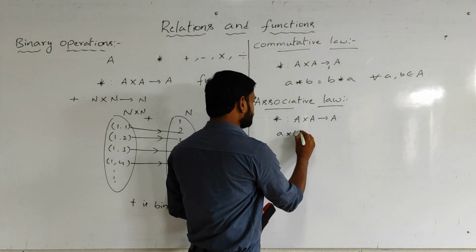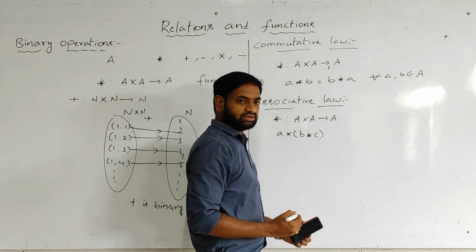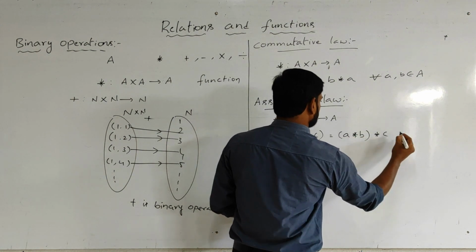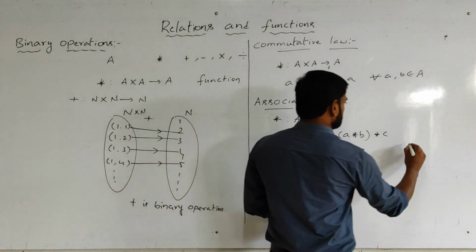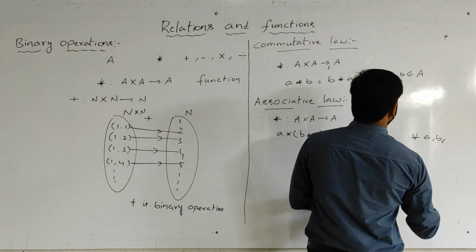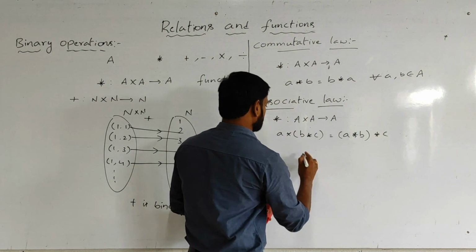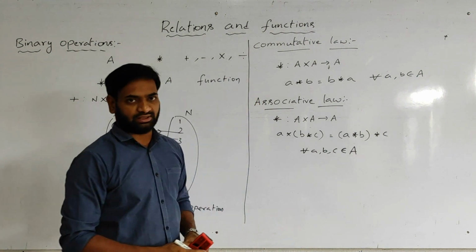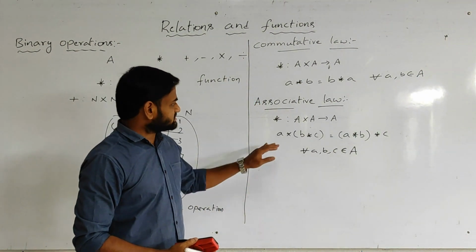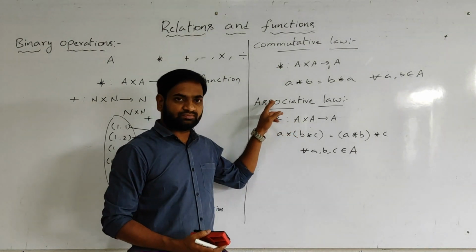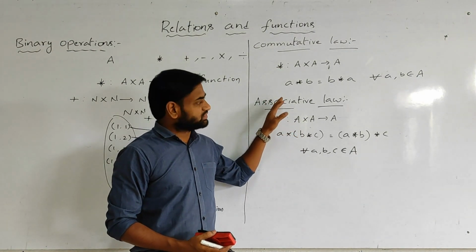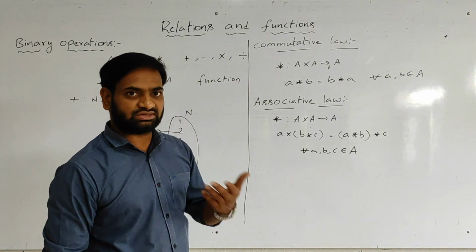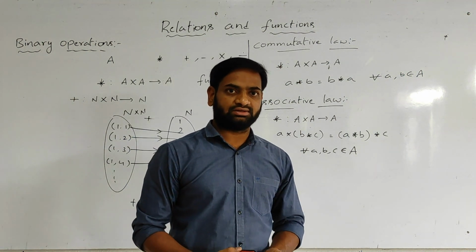When A star (B star C) is equal to (A star B) star C, for all A, B, C belonging to capital A, then we can say this binary operation is associative. Okay, so these are the definitions in this one, and we have other definitions also, inverse and anti-element.